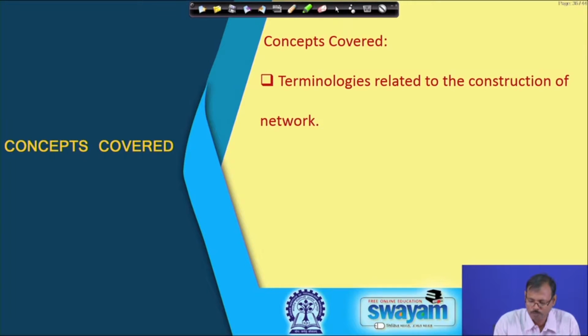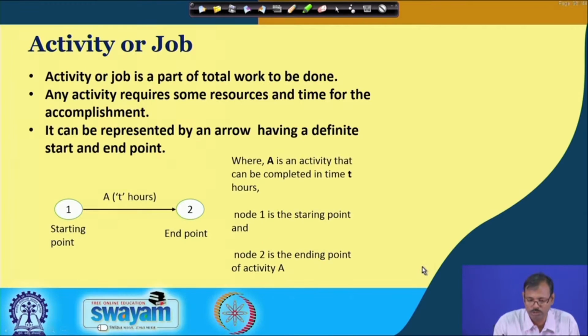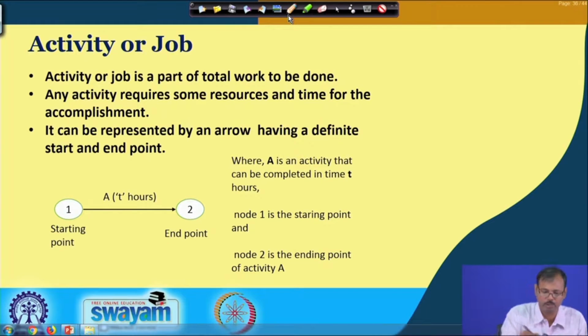So, how these terms are a little bit different, that is why we use different terminology. Basically, you know a network is nothing but comprising n number of activities. Any unit operation is basically called an activity or job. As you are mining people, if you consider that drilling is one activity, blasting is another activity.